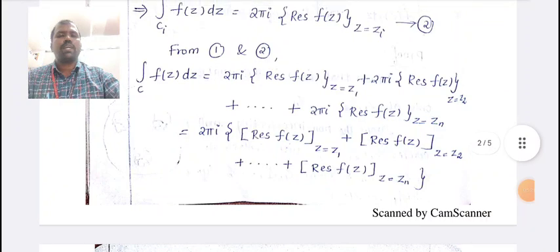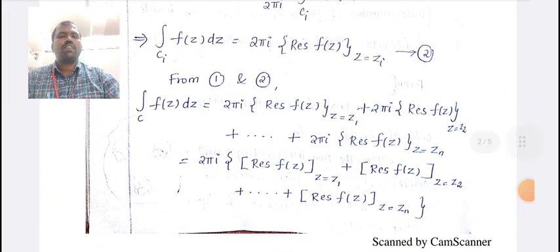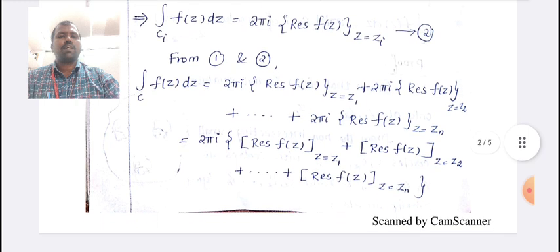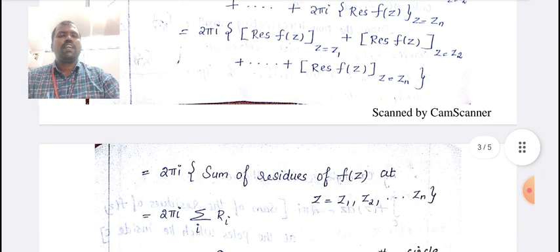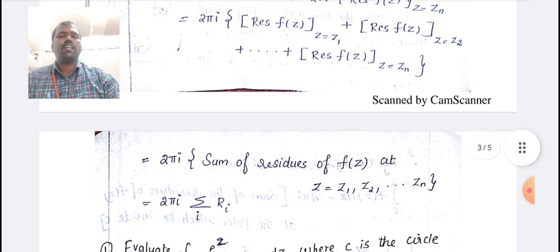Therefore, it is 2 pi i times the sum of residues of f of z at z1, z2, etc. zn, that is, 2 pi i times the summation over i of Ri.